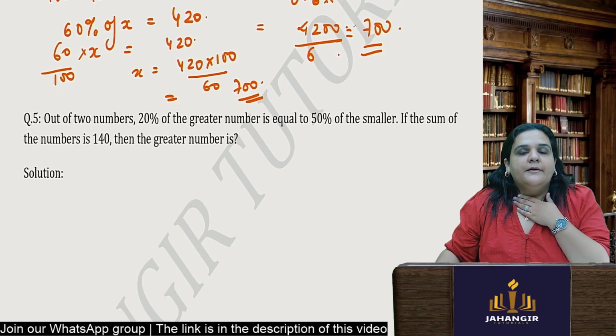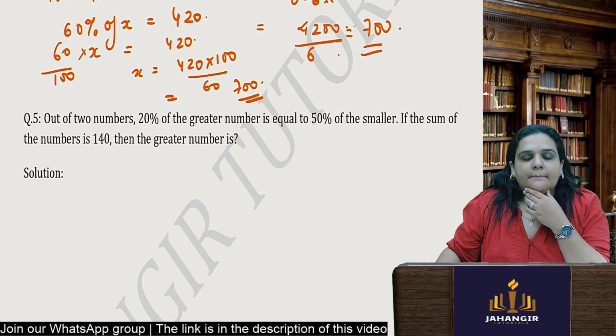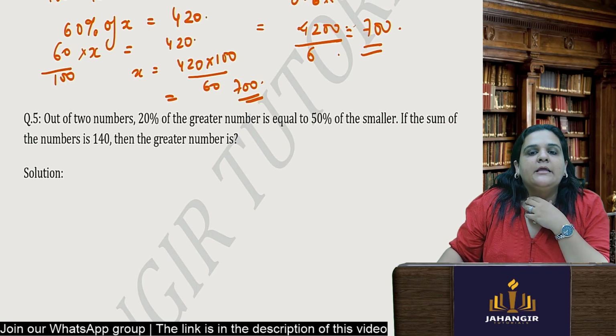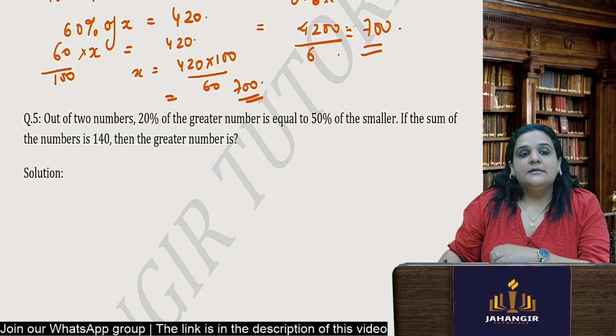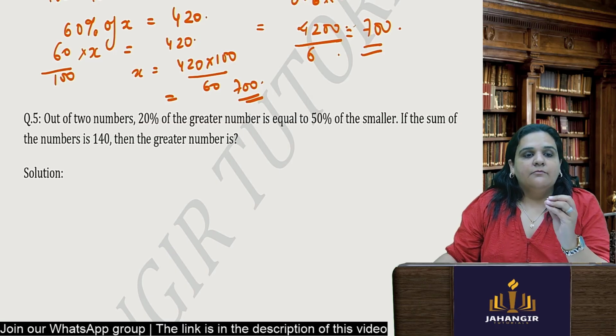Out of two numbers, 20% of the greater number is equal to 50% of the smaller number. If the sum of the numbers is 140, then the greater number is what? Okay.